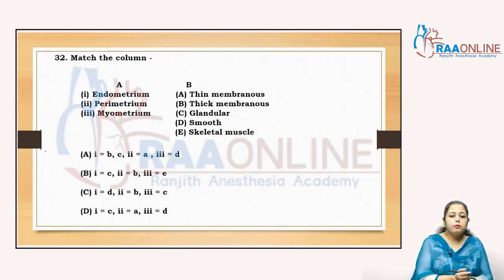Match the column: endometrium, perimetrium, myometrium. These are the three layers of the uterus.